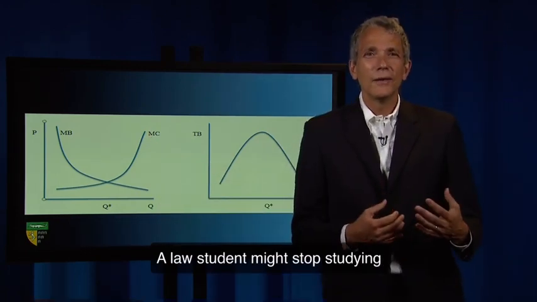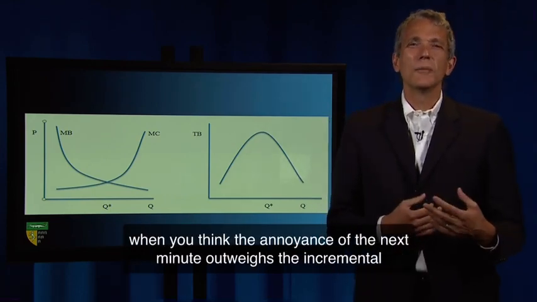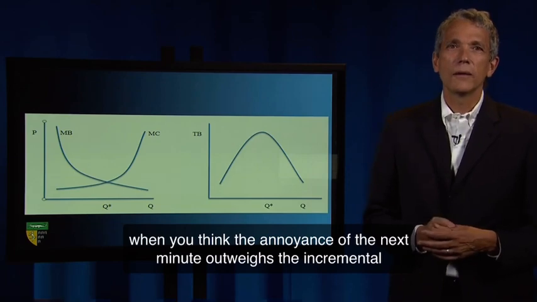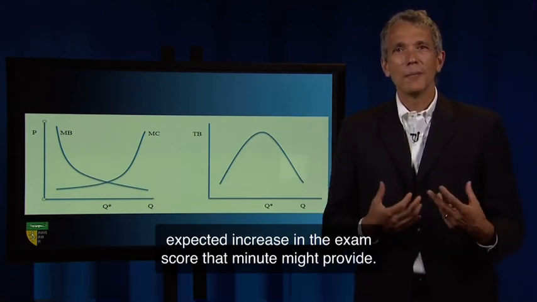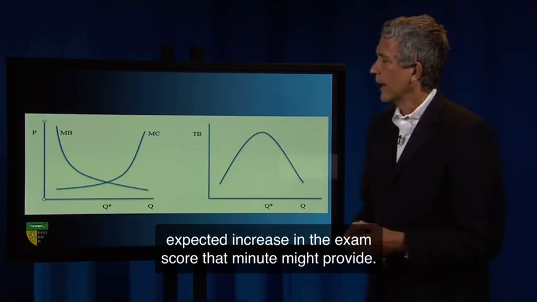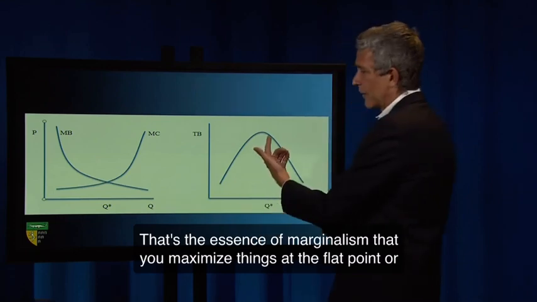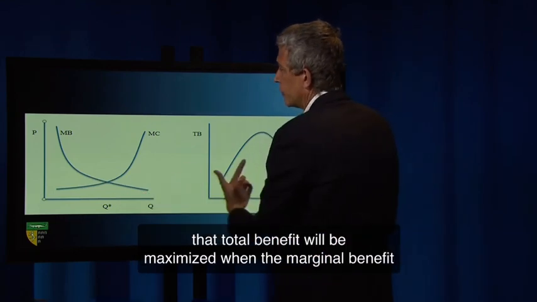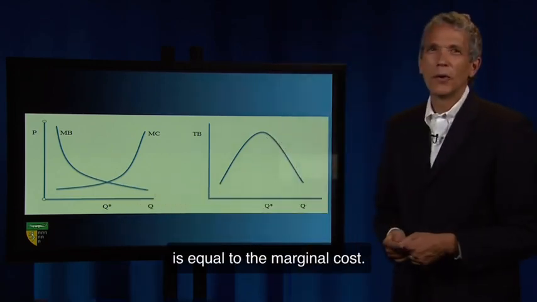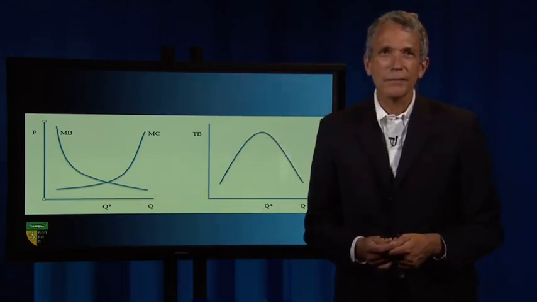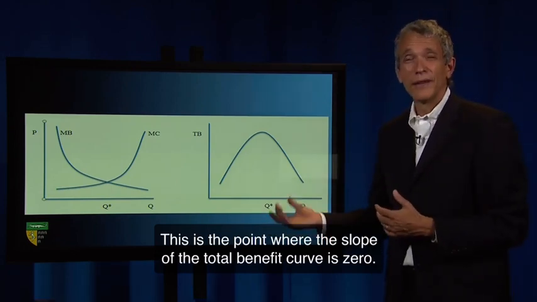A law student might stop studying when the annoyance of the next minute outweighs the incremental expected increase in the exam score that that minute might provide. That's the essence of marginalism, that you maximize things at the flat point, or that total benefit will be maximized when the marginal benefit is equal to the marginal cost. This is the point where the slope of the total benefit curve is zero.